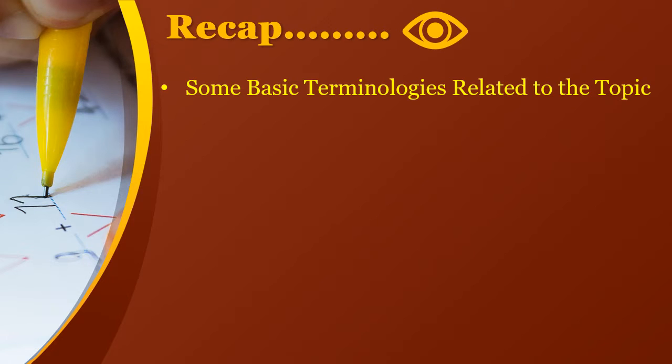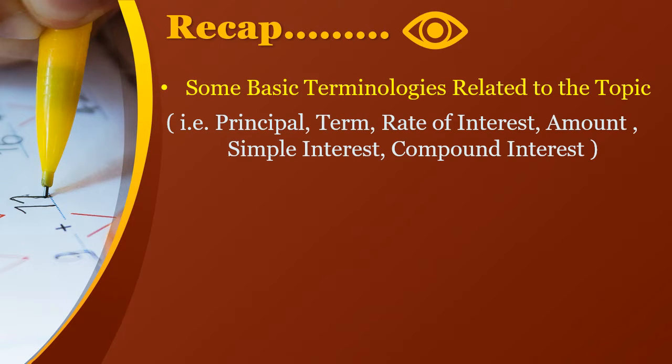In the previous video we saw some basic terminologies related to the topic, like principal, term, rate of interest, amount, simple interest, and compound interest. The sum borrowed is called principal. The time for which it is borrowed is called term. The total sum returned by the borrower, that is principal together with interest, is called amount.